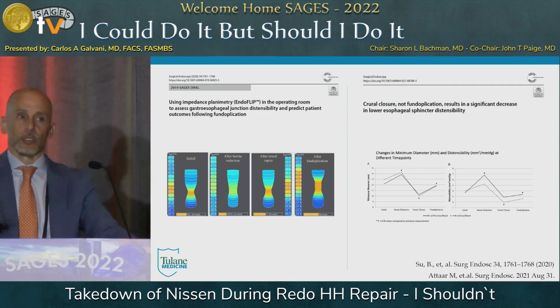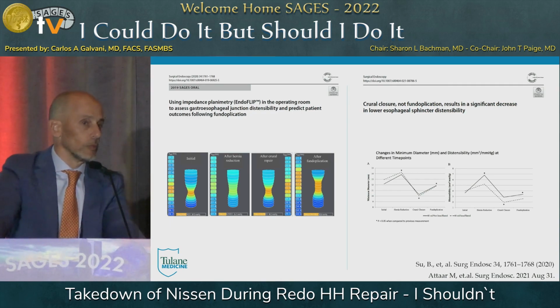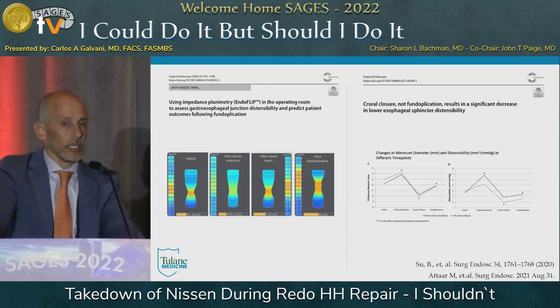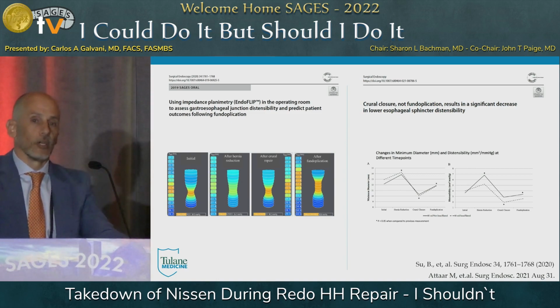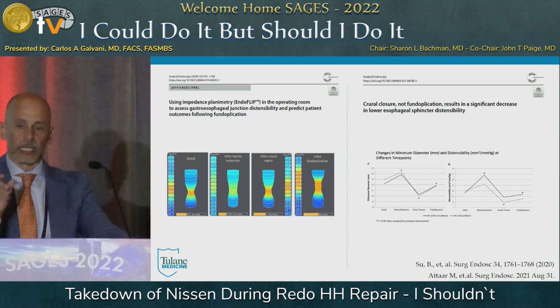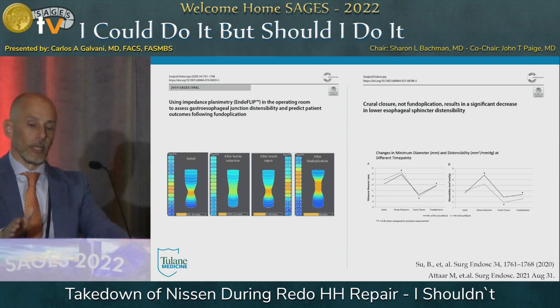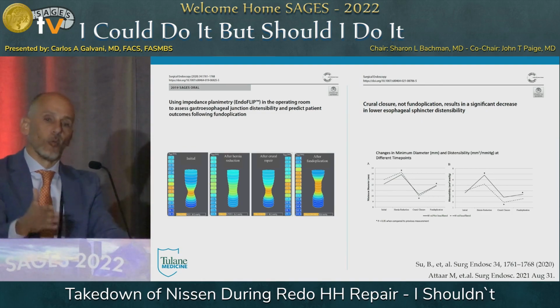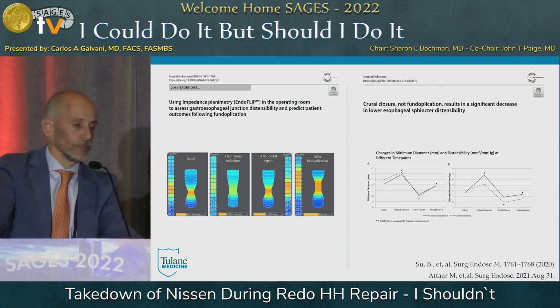If you try to be a foregut surgeon today, you have to use different tools, and maybe we can use EndoFLIP to assess the distensibility of the lower esophageal sphincter. Some studies demonstrated that the crural repair has a bigger impact on distensibility of the LES compared to the fundoplication.